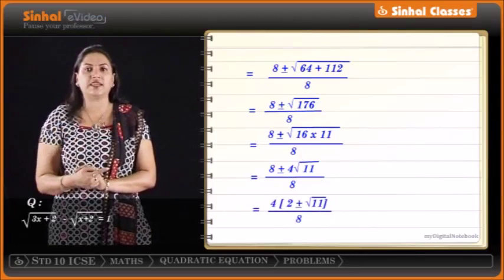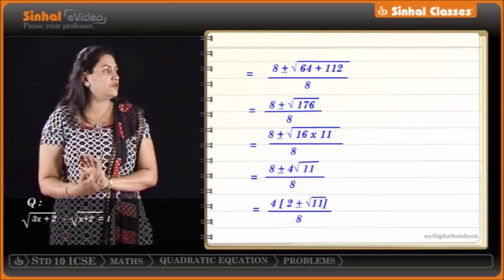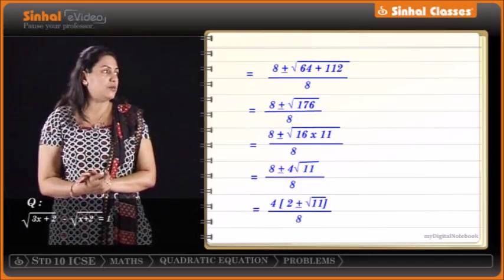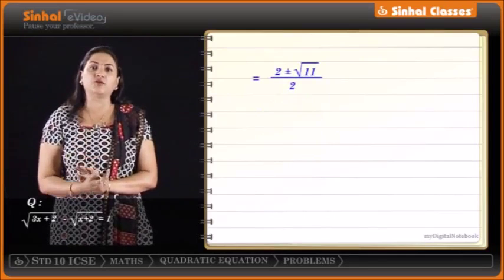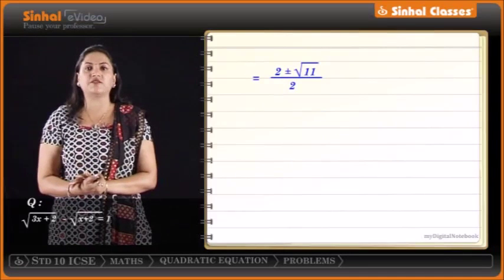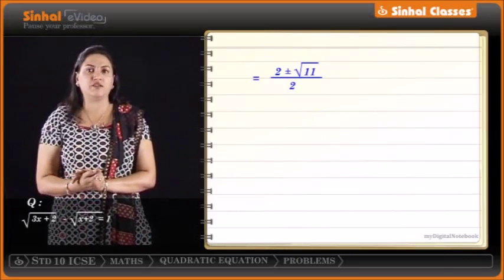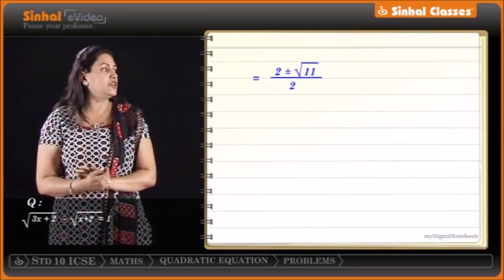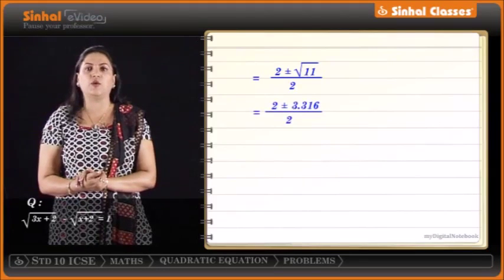Now 4 and 8 cancels. In the denominator we are left with 2. So we have 2 plus or minus root 11 upon 2. Now the value of root 11 we will be seeing from the log tables, which is 3.316. So we get 2 plus or minus 3.316 upon 2.